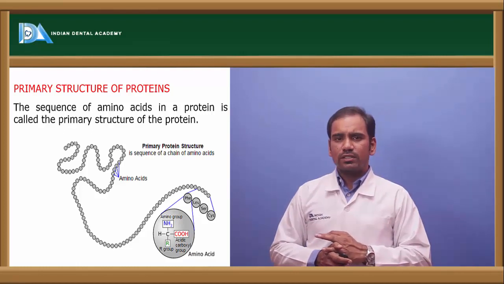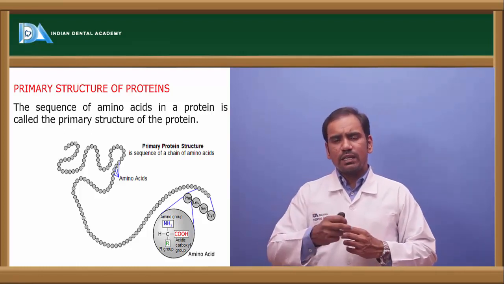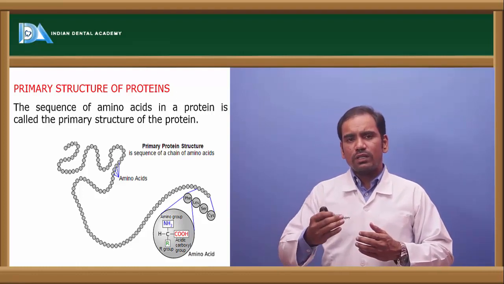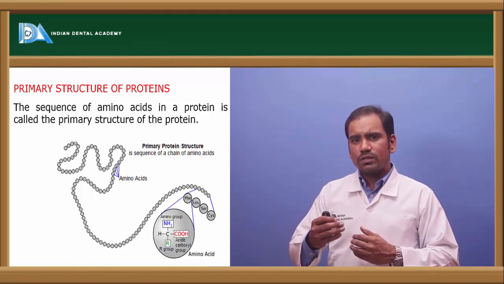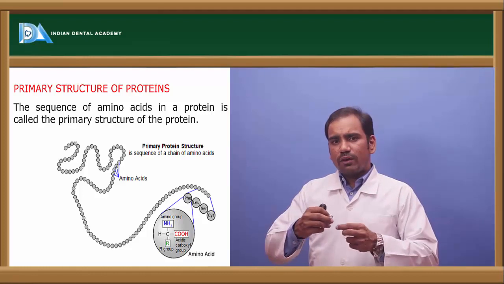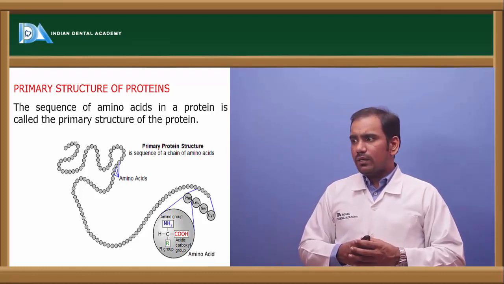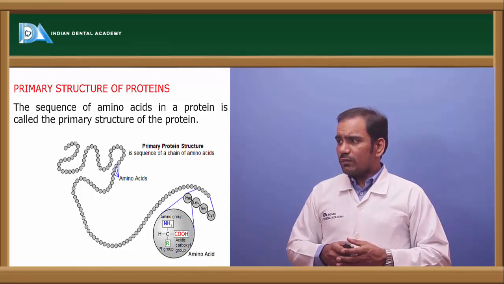The primary structure indicates the sequence of amino acids in a polypeptide chain. So that's the primary structure.